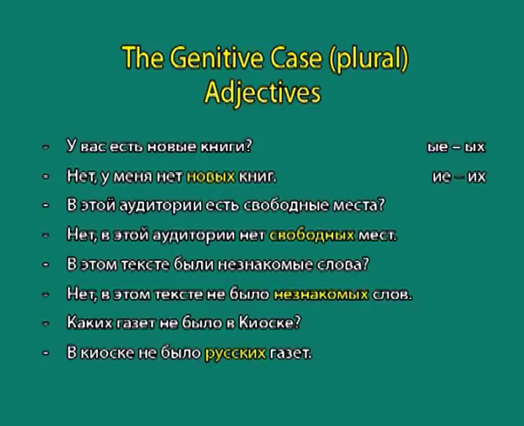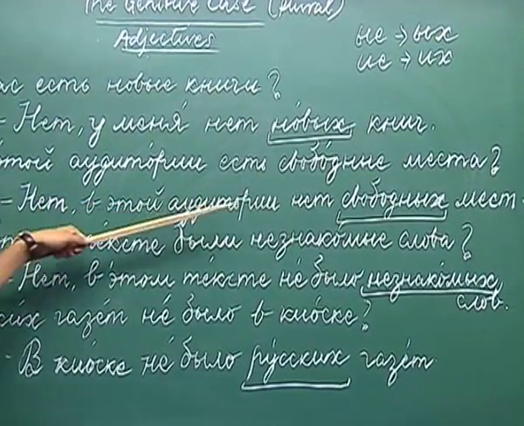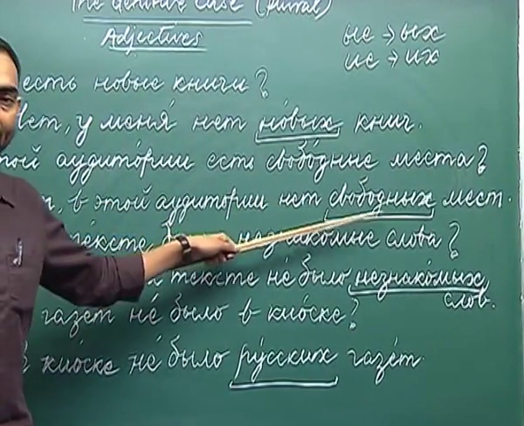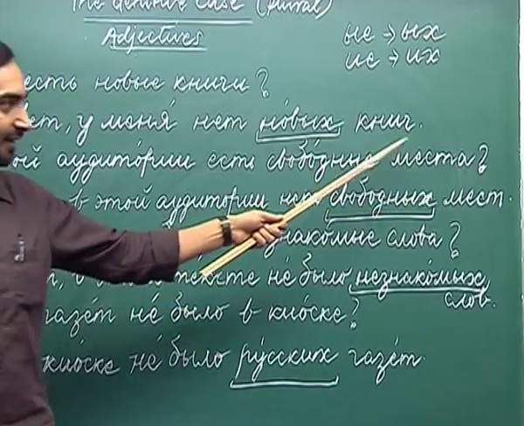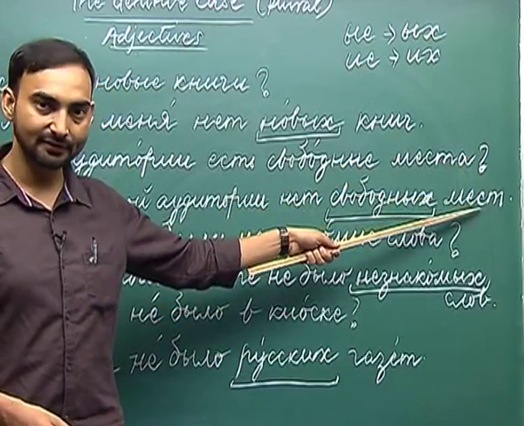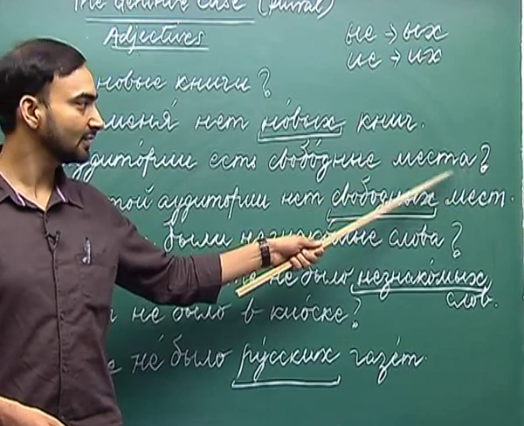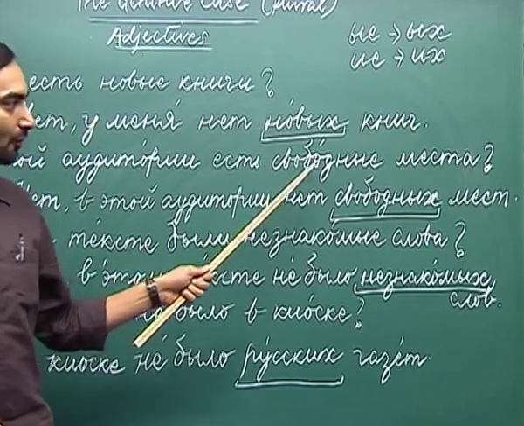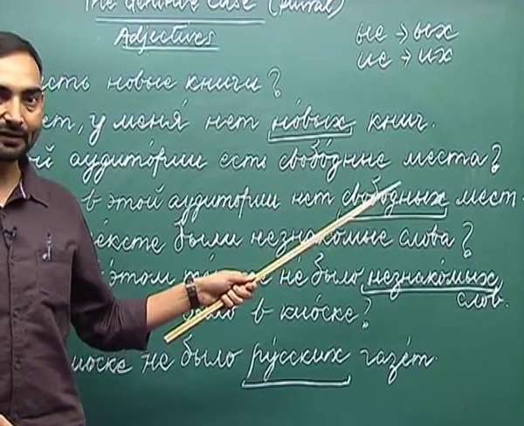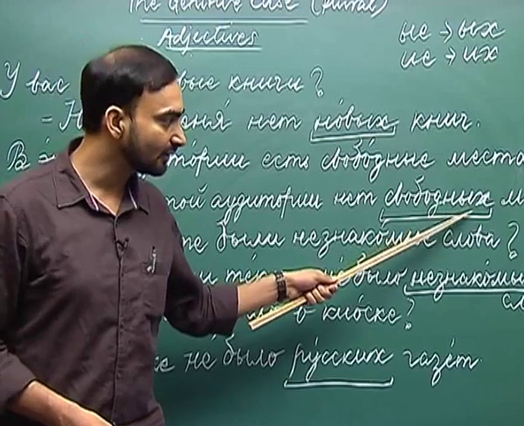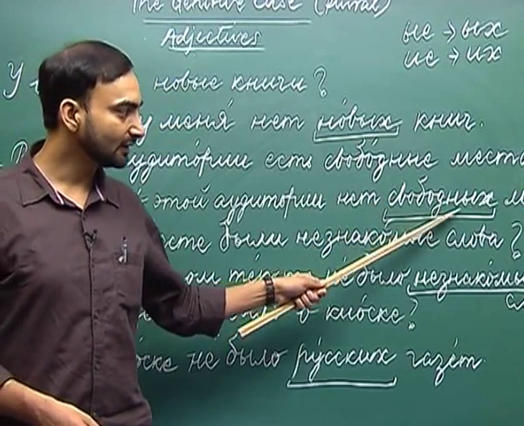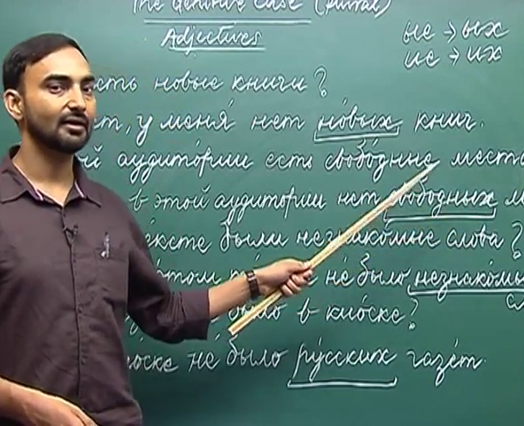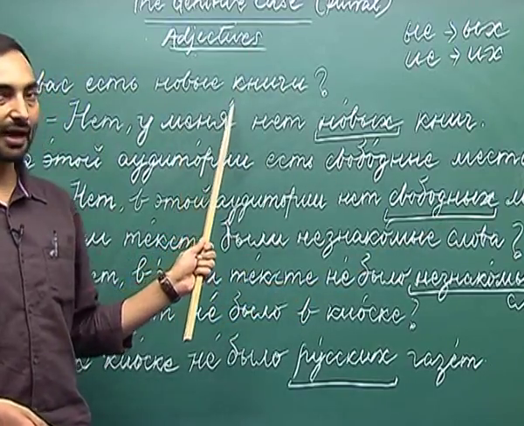But if you answer the same question in negative, we will use the genitive case of nouns. Нет, в этой аудитории нет свободных мест. So, места has become мест. The genitive plural of места is мест, and свободные declines in the genitive case as свободных, ые to ых, the same change that we did with the adjective новые.